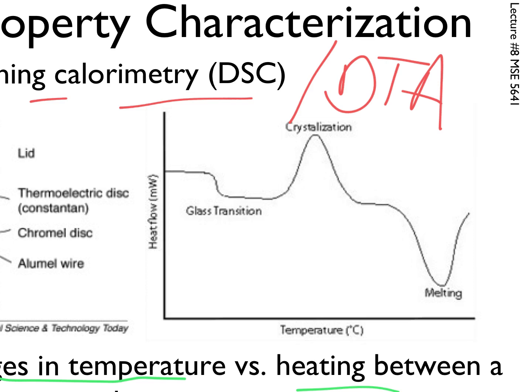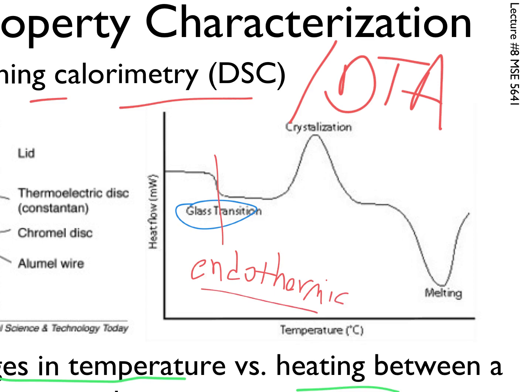This has a relatively low temperature glass transition that's being detected, and in this context, and I apologize on behalf of the field, they flip this up and down all the time, this is an endothermic transition, meaning that it absorbs heat as a function of temperature.